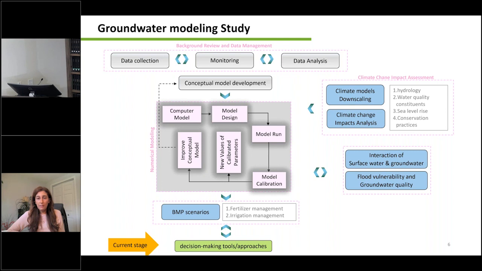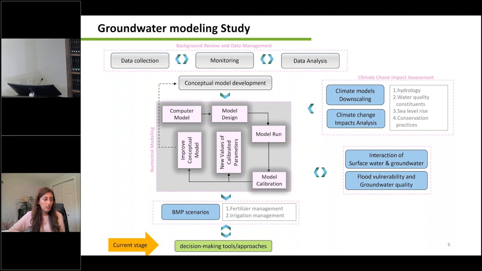Another thing, for example, the interaction of surface water and groundwater in different areas, is another topic that could be studied by using this method. The same goes for the vulnerability of the groundwater to flood. For example, when a hurricane happened, we had a huge amount of water on the ground, which definitely has different water quality than the normal rainwater.